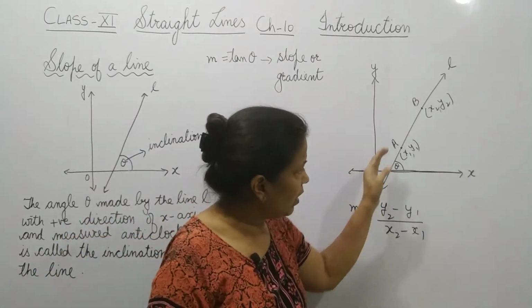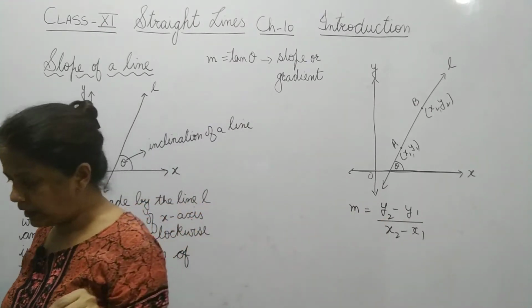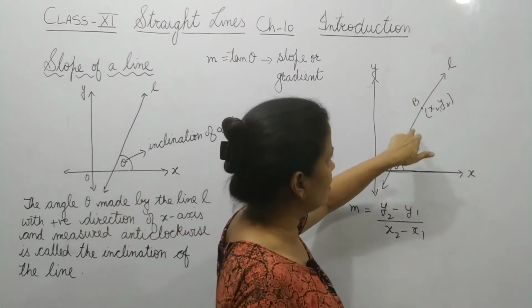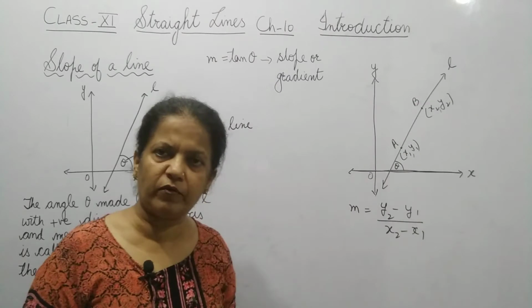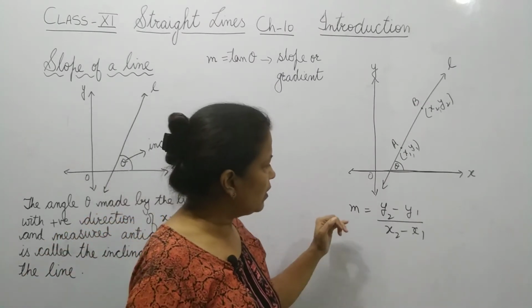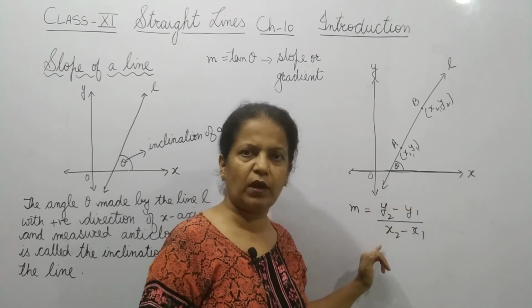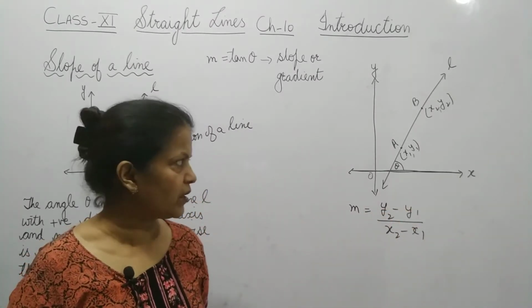So on a line, if instead of theta two points are given and you have to find the slope of this line, then you can apply the slope formula (y2 minus y1) upon (x2 minus x1) if two coordinates are given.